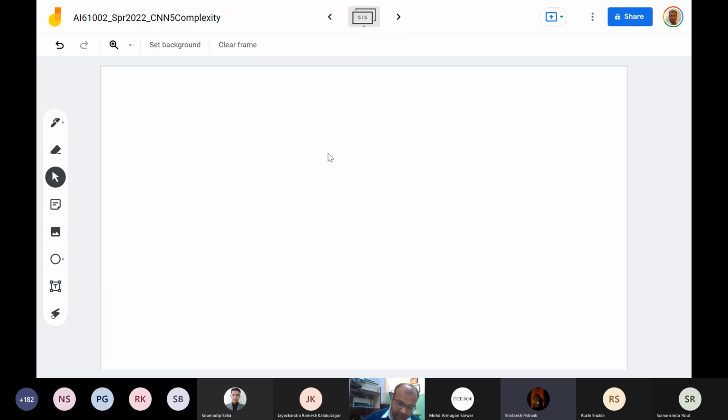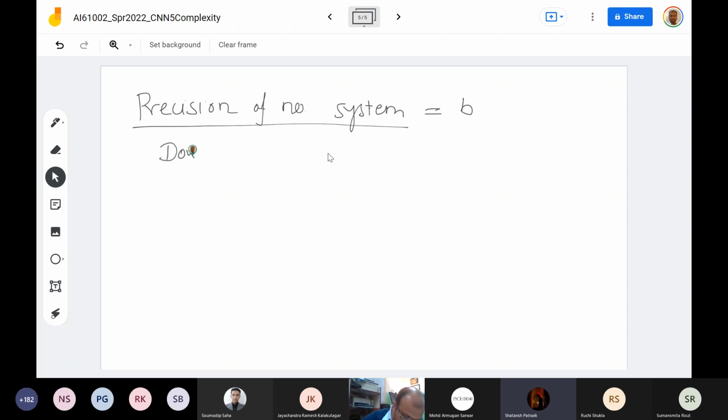Okay, good. So now if I have a certain precision, say if my precision of number system is equal to B. So if I'm operating in double precision floating point system, then that is FP64.